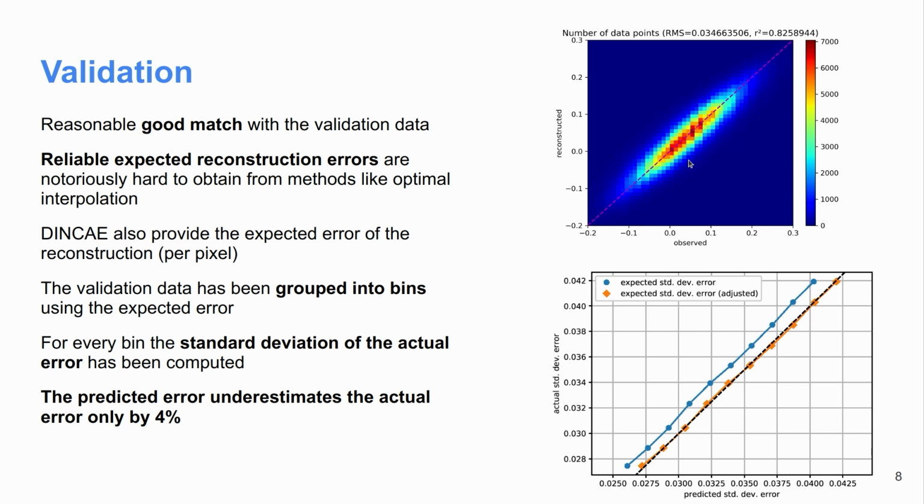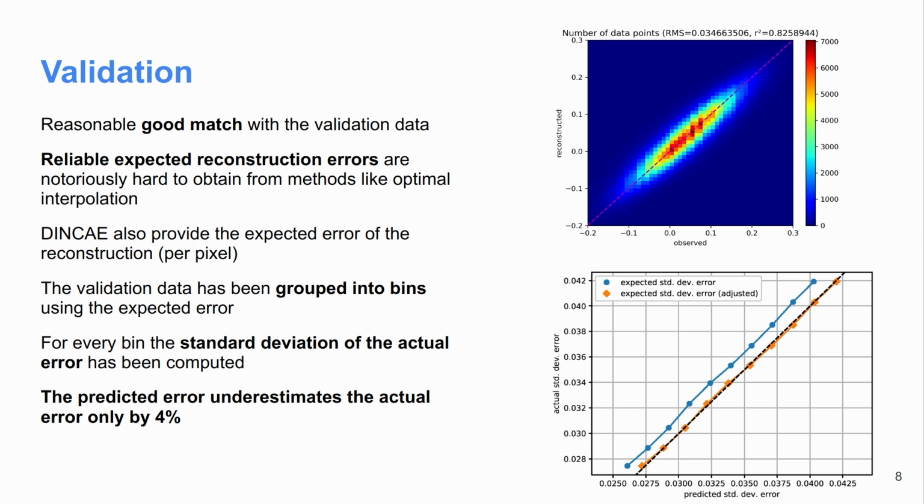So we validated, and the validation compared to independent data was relatively good. And what is also quite interesting is that we can estimate the reliability of the predicted error. Every time the neural network tells me, okay, for this pixel I have an estimate of, say, this is altimetry in centimeters, for this pixel I have an estimate of 1 centimeter.